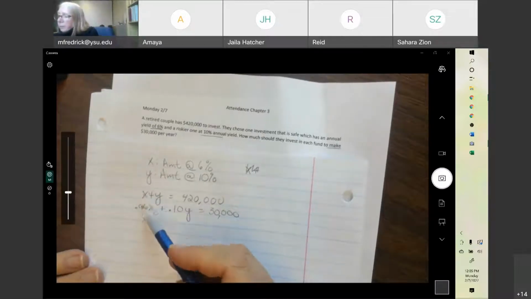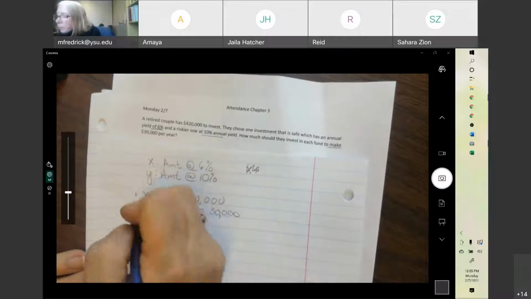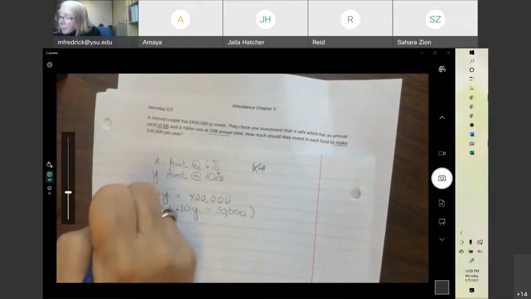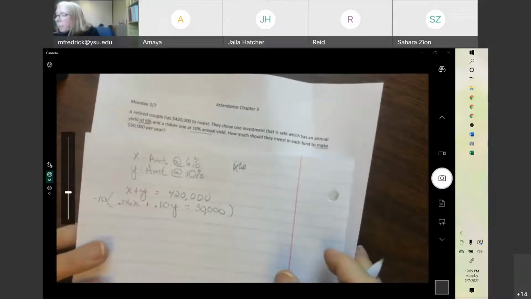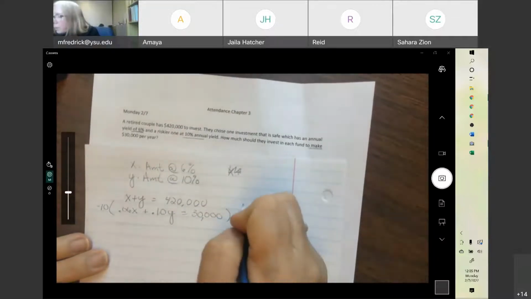Now we need to get a variable to drop out. If I multiply this by 10, it'll move my place over 1, so then it'll be a 1 instead of 0.1. So if I multiply it by a negative 10, my y's will cancel. So I'm not going to touch the top.